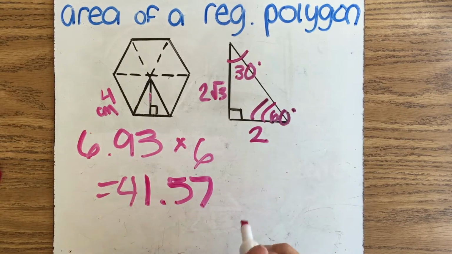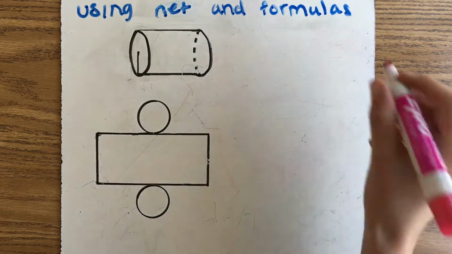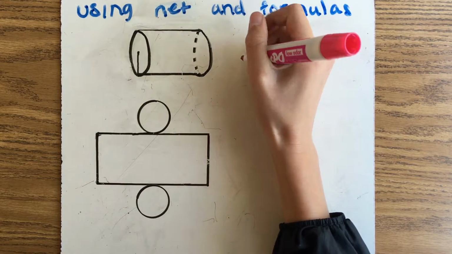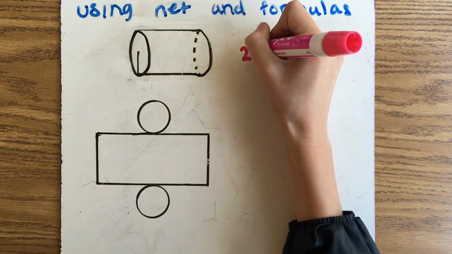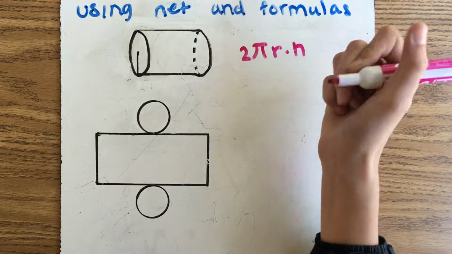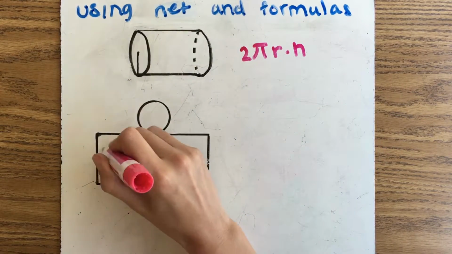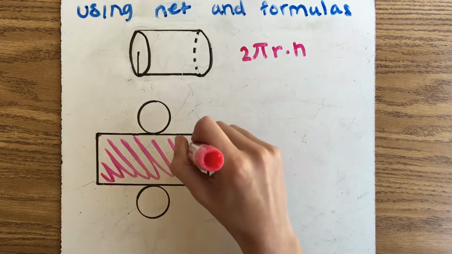41.57. I'm going to show you how to use the net and formula to find the lateral area and surface area of a prism. So I'm going to be showing you with a cylinder first. So we're going to do 2 pi radius times height, and this will give us this area right here.